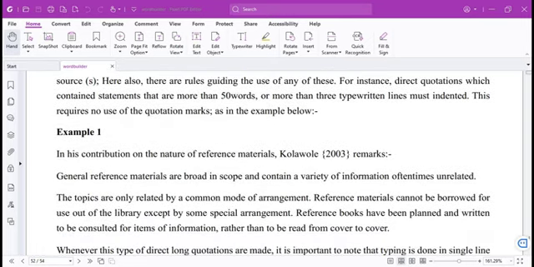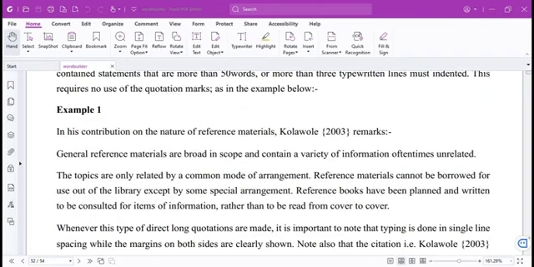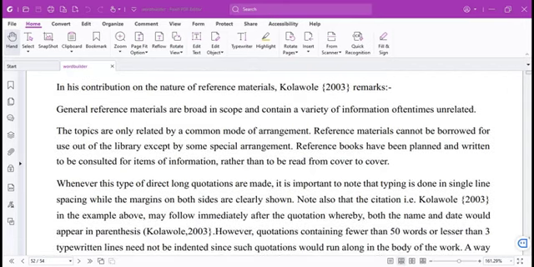That's verbatim. Example 1. In his contribution on the nature of reference materials, Kolawole 2003 remarks, general reference materials are broad in scope and contain a variety of information, oftentimes unrelated. The topics are only related by a common mode of arrangement.